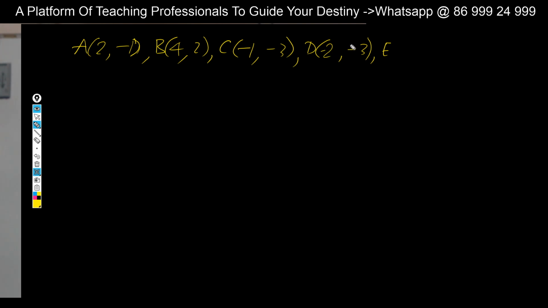E (3, -2) are the vertices of a pentagon.